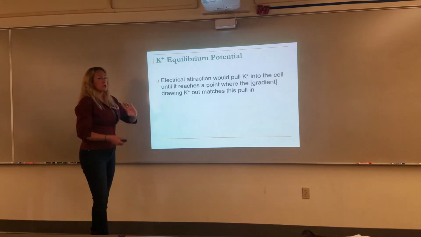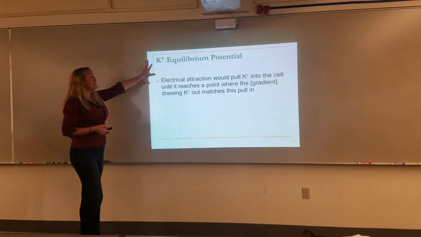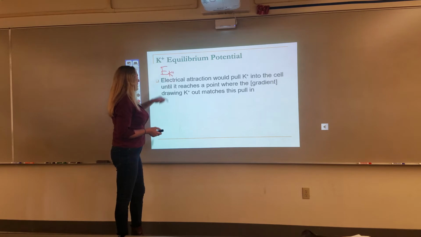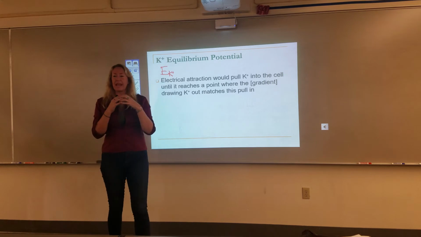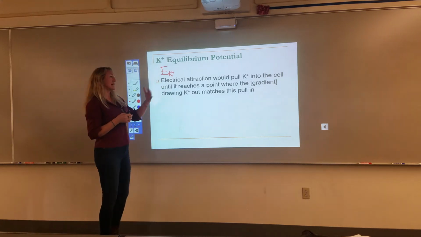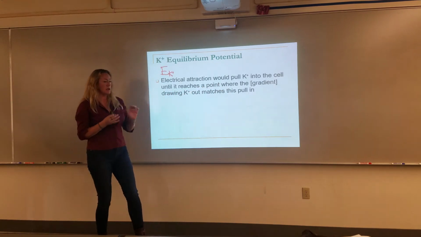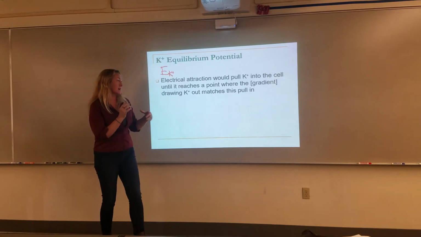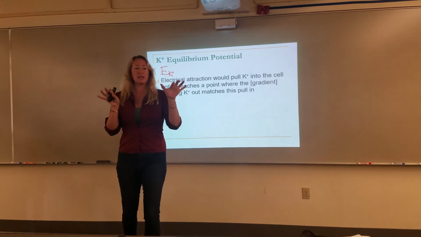All right, so going into this a little bit more and how this is going to affect action potentials. The potassium equilibrium potential is something we call EK, with a little subscript K. That electrical attraction, remember there's a lot of negative ions inside the cell, would draw potassium into the cell until it reaches the point where the concentration gradient drawing potassium out, because it's going downhill and wants to leave since it's high inside, is exactly in balance with the attraction pulling it in.